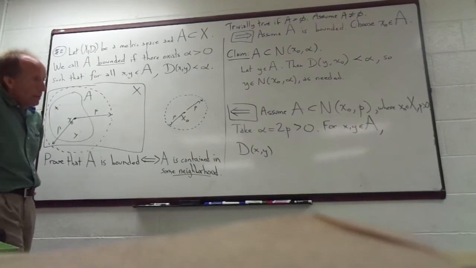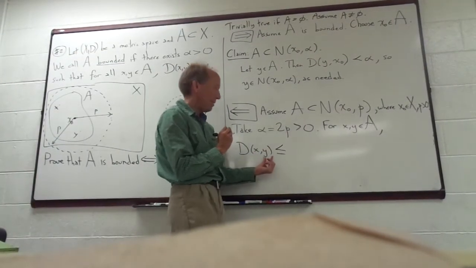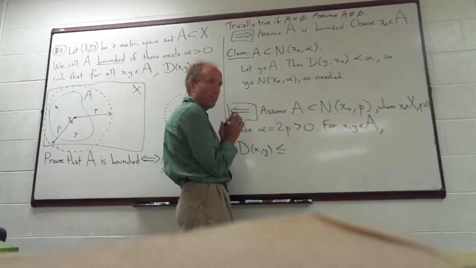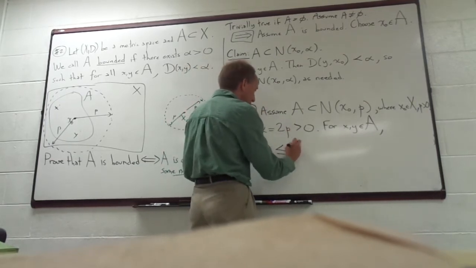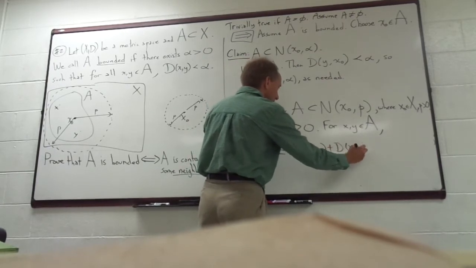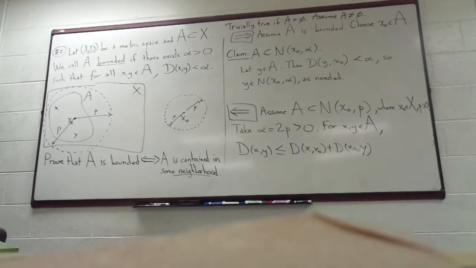Use the triangle inequality. Right, I need to insert another point in here. What point do you suppose I'm going to insert? What's the only other point that we see in the proof so far? x naught. The x naught, exactly. So by the triangle inequality, we can write this like the following, right? We can put the x naught in the middle there.